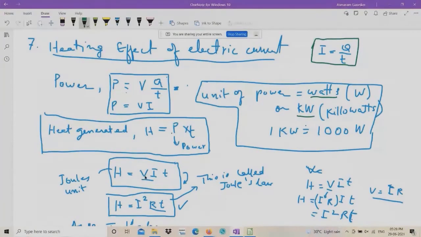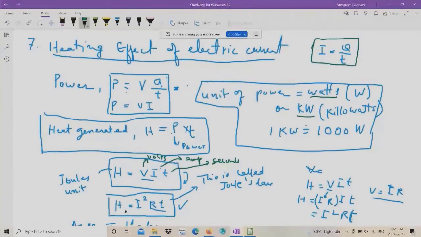It is equal to VIT, and VI is nothing but the power. As I told you, it is power into time, and V should be in volts, I should be in amperes, and T should be in seconds. Remember this. This is very important.